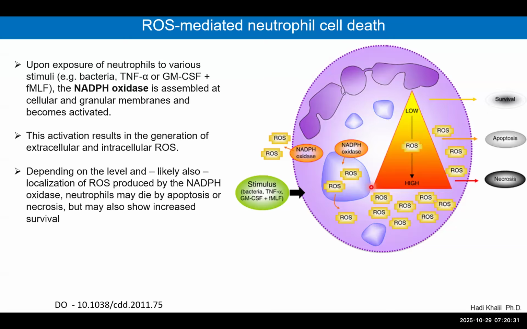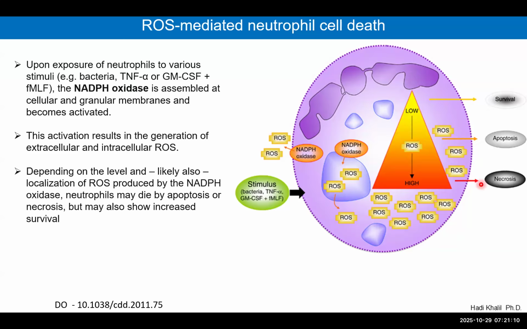If the level of the reactive oxygen species is high, in other words, the more the stimulus is high, the more bacteria is around that is killing that cell or virus, the more TNF alpha, which is a cytokine that is released from many of those immune responses, then the more reactive oxygen species will be generated by NADPH oxidase. And therefore, that balance here tells if the cell survives or really goes to apoptosis.